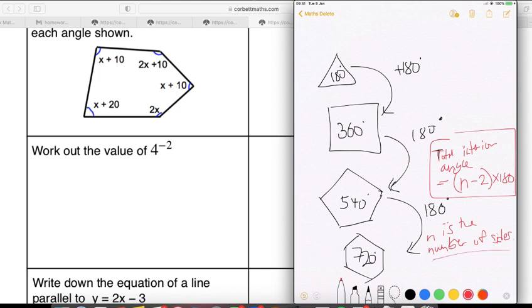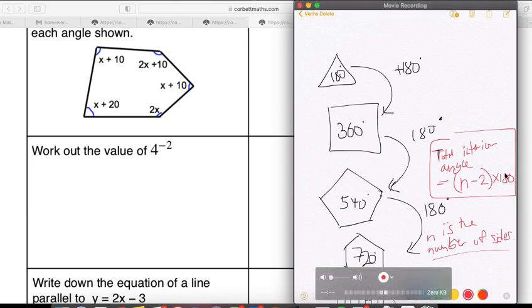So let's wait for you to copy that. Yeah, n is the number of sides. And it makes sense, right? Because you've got to do 180 every time, but because it starts off with a triangle, there are two shapes without that.